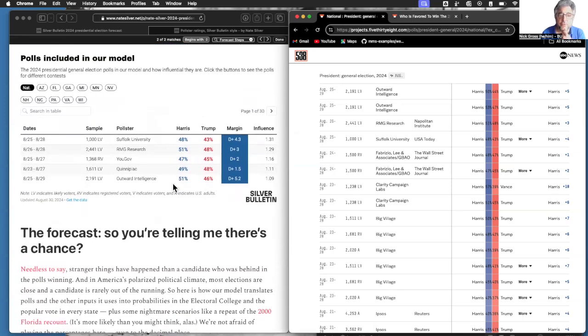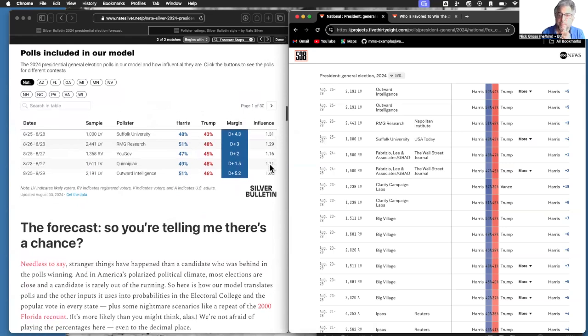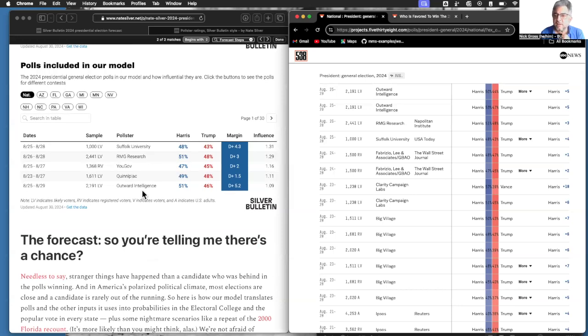Similarly, for Nate Silver's model, he has different pollsters involved, what their outcomes are, but also their influence on the model, how much he weights them. That depends on the quality of the poll, whether they're clear on their methodology and use a good methodology for sampling the population and using that sample to predict the likely voter model.